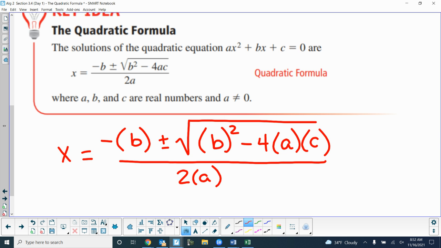I just put this b squared minus 4ac in the calculator and figure out what that is. And then I look at the square root. You know, most of the square roots we're going to have to do a factor tree for and simplify. Okay, so it's just going to give you a decimal answer, and that's not what we're looking for. We want our answers in radical form, unless we were doing a word problem, then we would actually find our decimal answer.